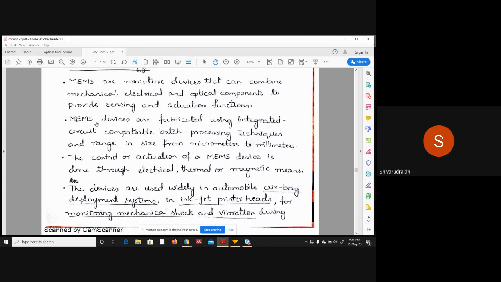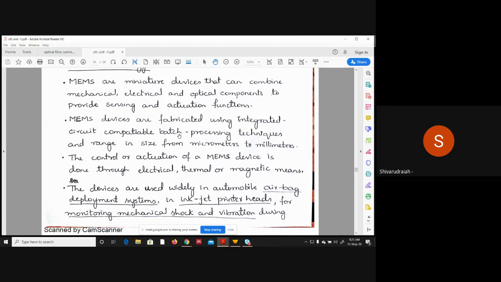With respect to how we fabricate or manufacture these optical devices using MEMS, they are fabricated the way in which integrated circuits are fabricated. The same process, like the batch processing technique, is used in order to fabricate the MEMS based optical devices.